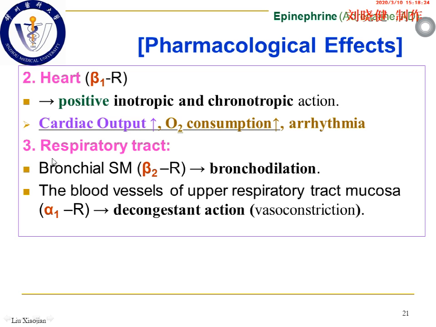Effects on the respiratory tract. This drug can activate the beta-2 receptor in the bronchial muscle. It induces bronchodilation. Similar to isoprenaline, this result is good for patients with asthma. And it also can activate alpha-1 receptor, especially in the blood vessels of the upper respiratory tract mucosa.